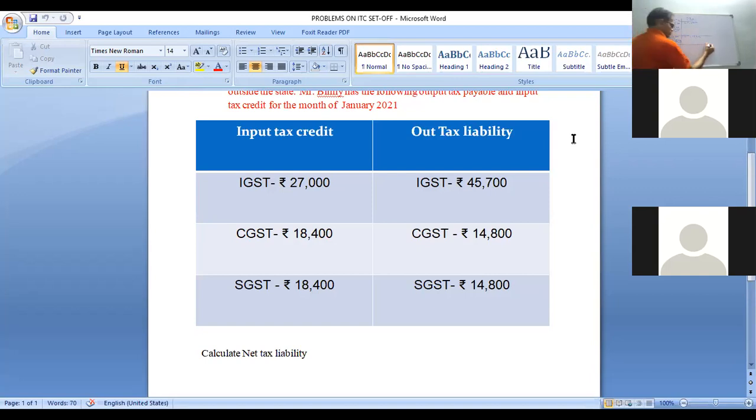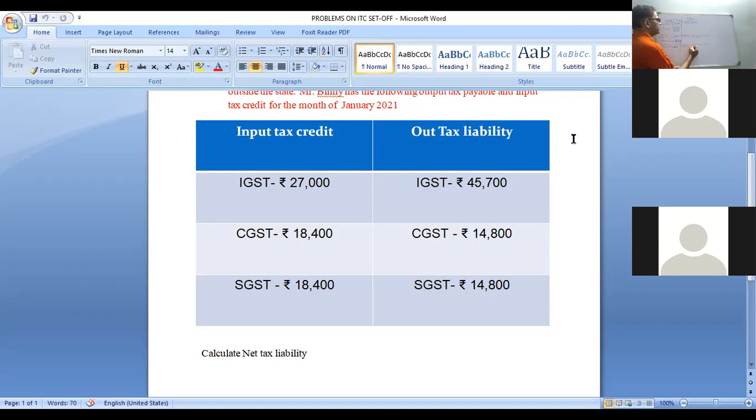Then you have the SGST. Output tax here is 14,800. How much do you have in input tax SGST?